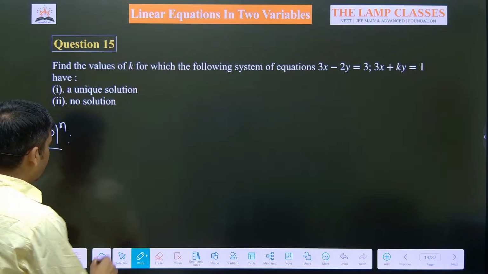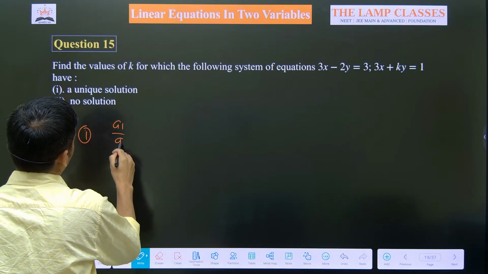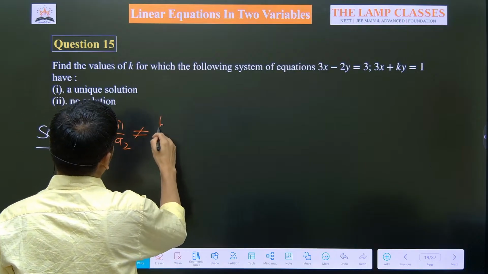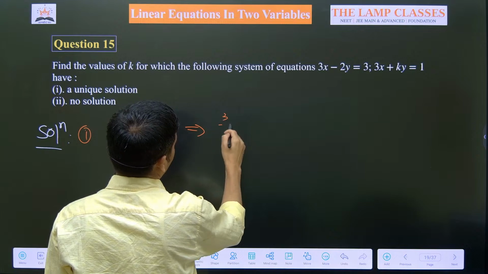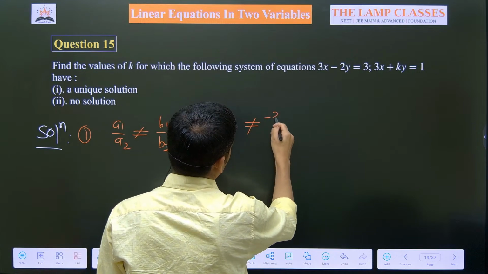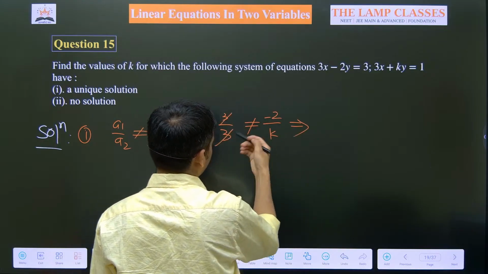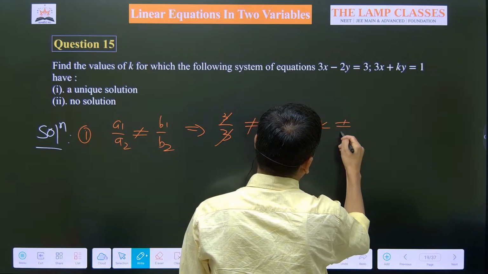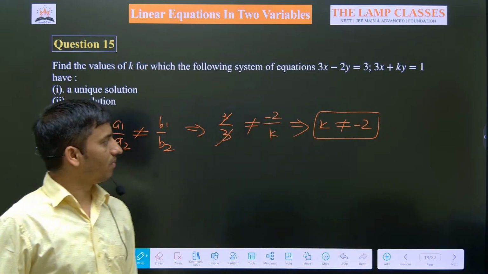Unique solution, right? For a unique solution, a1 upon a2 should not be equal to b1 upon b2. That means 3 upon 3 should not be equal to minus 2 upon k. We can cancel and cross multiply. So k can be any real number but minus 2.